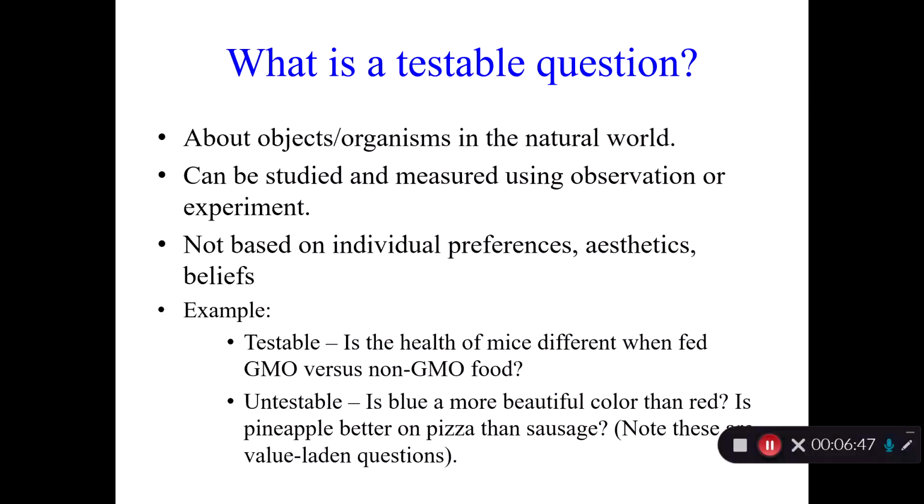So that brings us to, what are our testable questions? What are our testable hypotheses? So I've already said we're going to be talking about the natural world. So objects, organisms, particles in the natural world, they have to be able to be observed. So we have to be able to observe them.